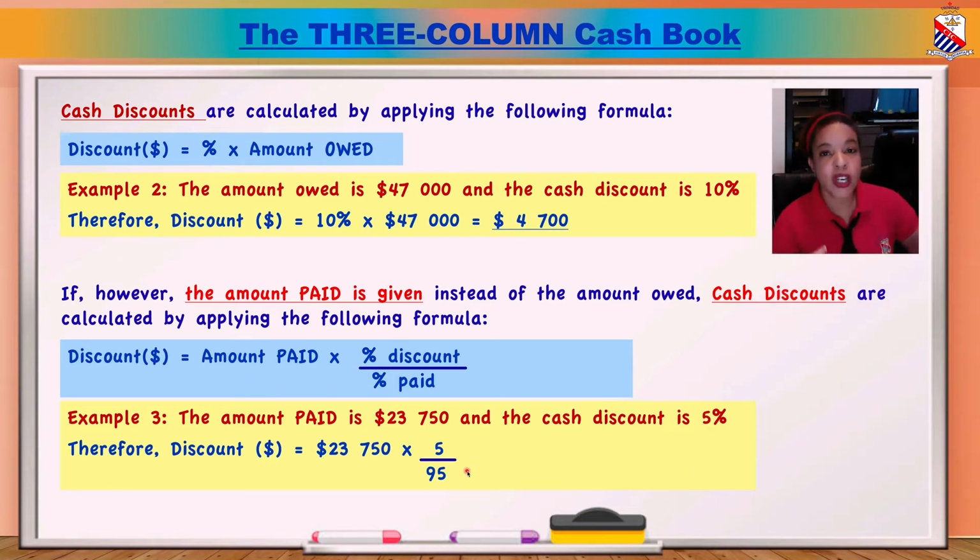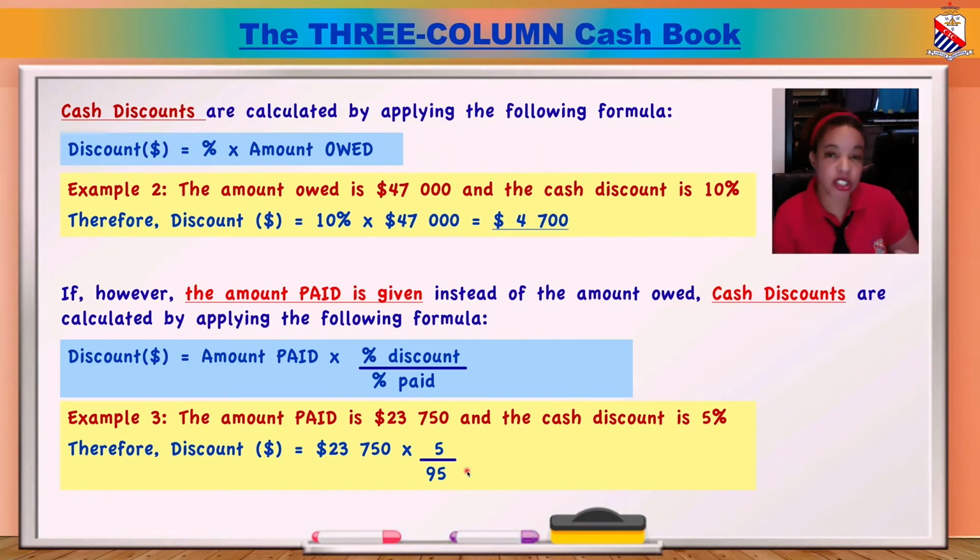Good news though, exams, especially recently, have been going very straightforward. They give you the amount owed, and it's just the percentage multiplied by the amount owed when you want to calculate your discount. Nice and easy.